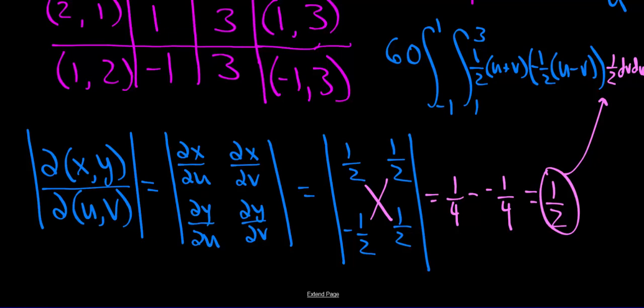Now, for this thing of the transformations, you could have something like x squared plus 4y squared equals 1.